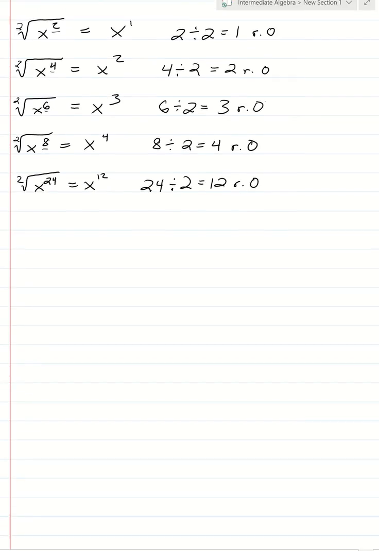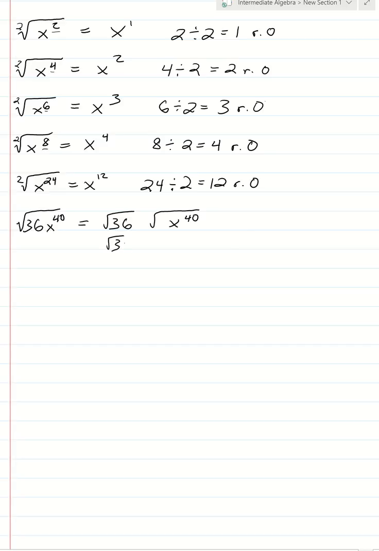Even if I was to include numbers and variables, let's say we were to take the square root of 36 x to the 40th power. Well, what we can do is take the square root of 36, and we can take the square root of x to the 40th separately, because just like we were able to use that distribution property of the radical, that property of multiplication, we can distribute this radical on the number as well as on the variable.